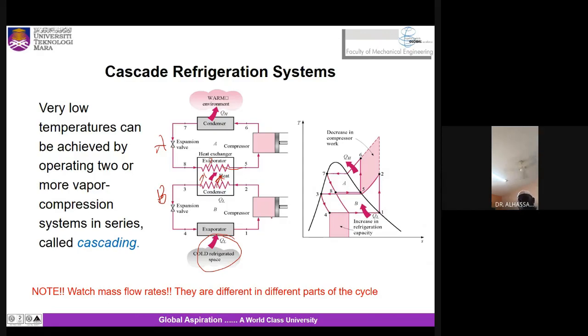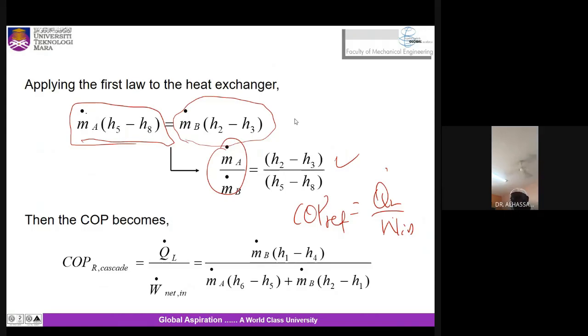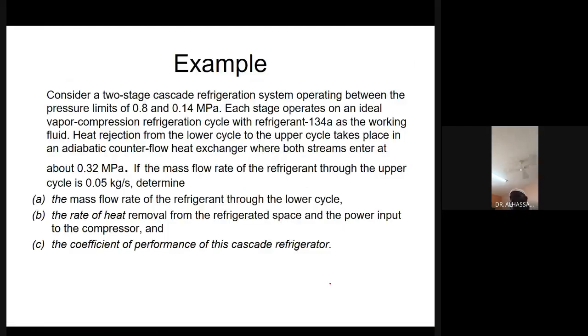So it is a combined effect of compressor B and compressor A. The W net equals the work done by compressor A plus the work of compressor B.